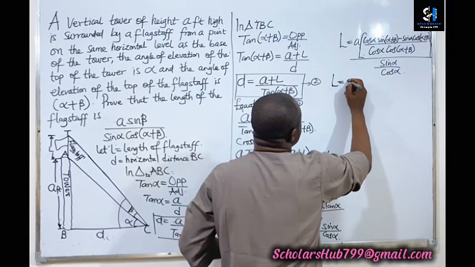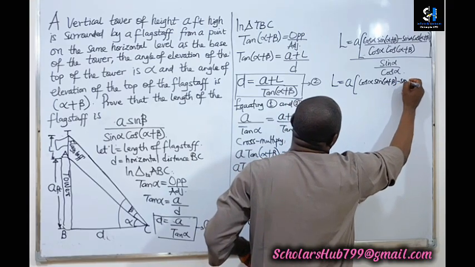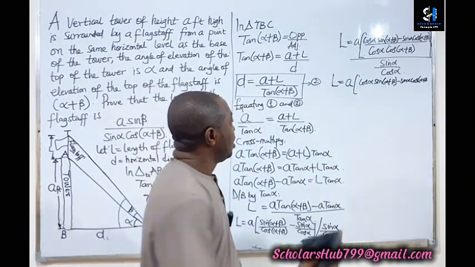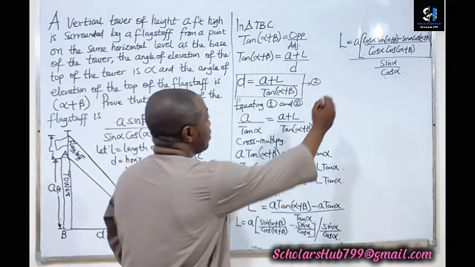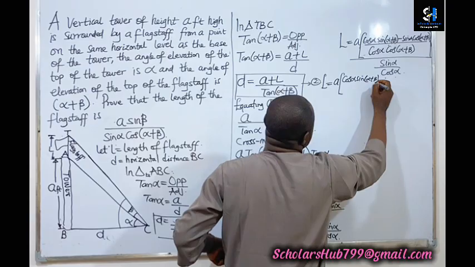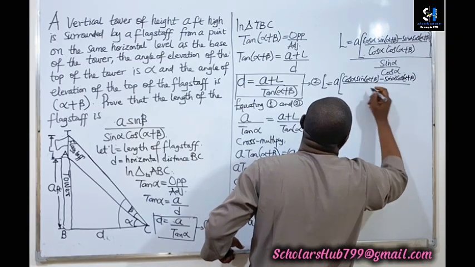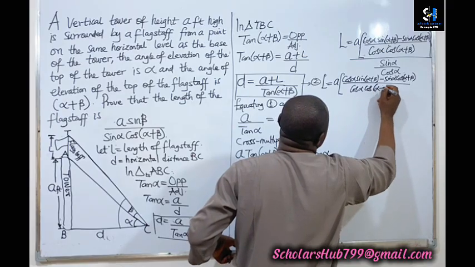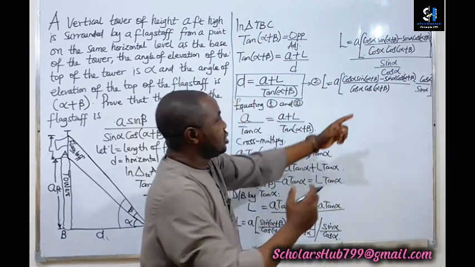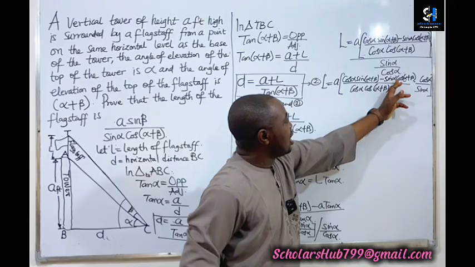So L equals A open bracket cos alpha sine alpha plus beta minus sine alpha cos alpha plus beta, divided by cos alpha, cos of the sum of alpha and beta, multiplied by cos alpha over sine alpha, because I'm going to flip that.